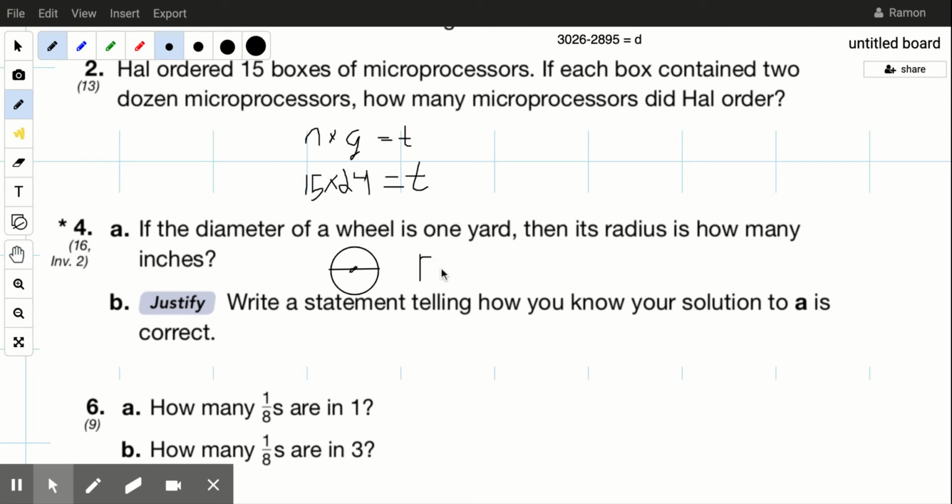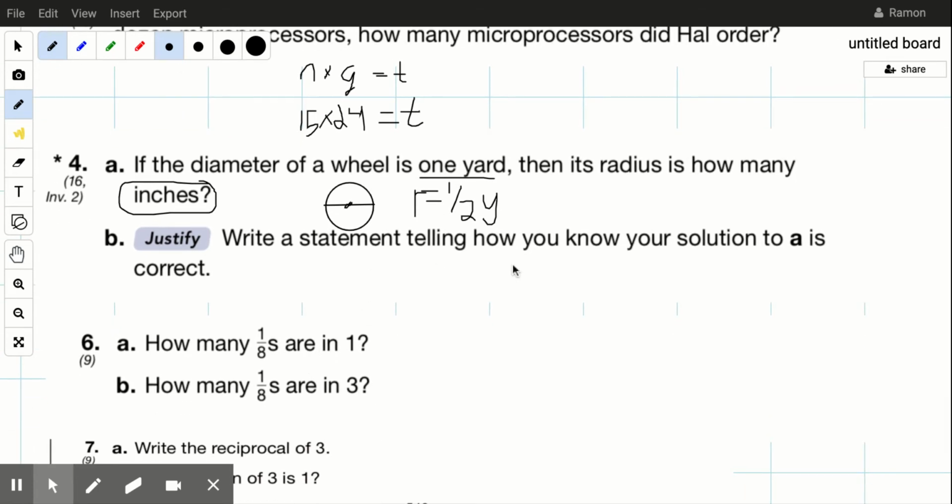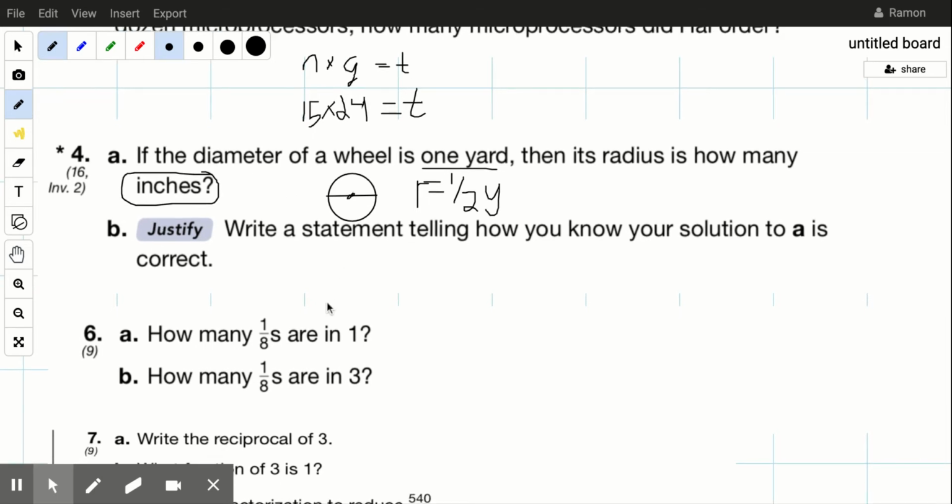So the radius is going to be half of the yard, because radius is always half of the diameter. You need to turn yards into inches using conversion and then take half of that amount to find the radius. Write a statement telling how you know your solution to A is correct. So just give me a complete sentence on how you believe A is correct.